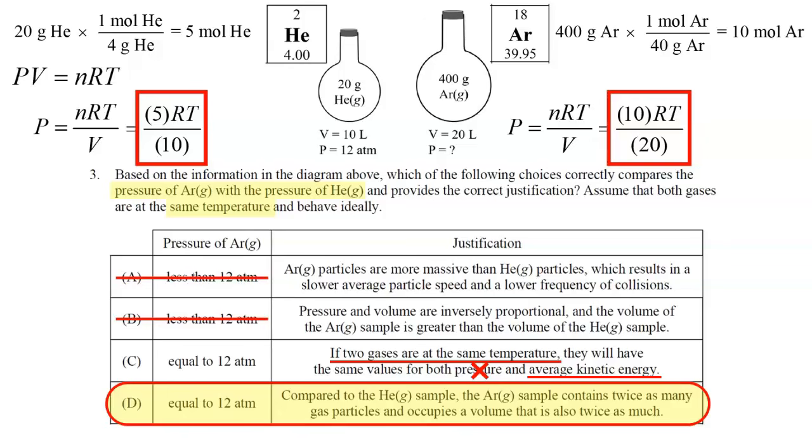Because 5RT over 10 is mathematically equivalent to 10RT over 20, that tells me that the reason why these two gases have the same pressure is because we have doubled both the number of moles and the volume, and that keeps that ratio the same. So the correct answer to question 3 is choice D.